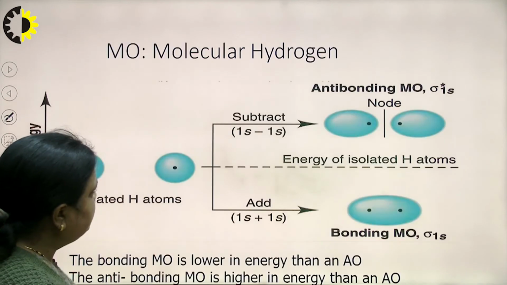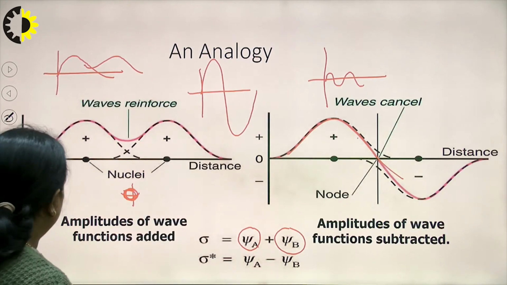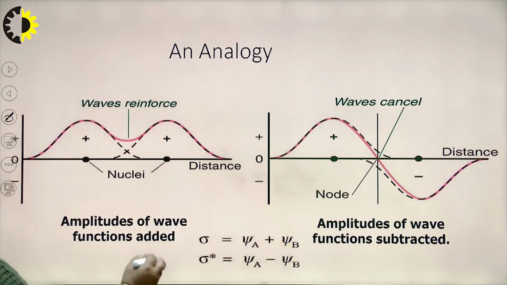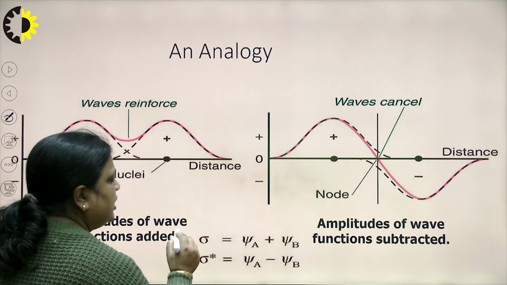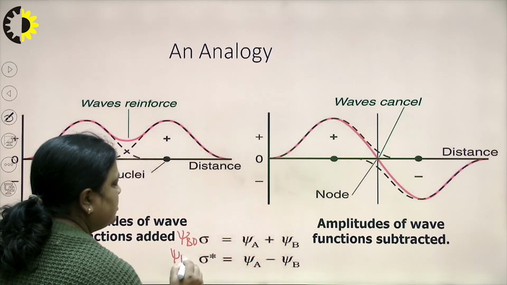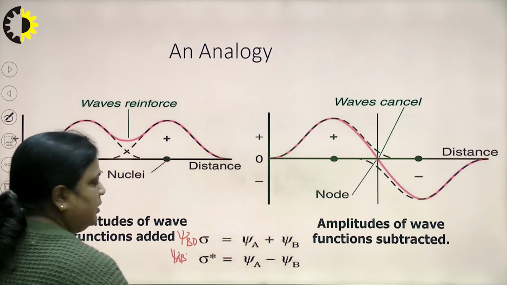We can explain this point in such a manner. Suppose this is the wave function of the bonding molecular orbital, and this is the wave function of the anti-bonding molecular orbital.